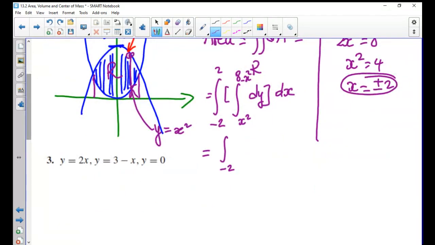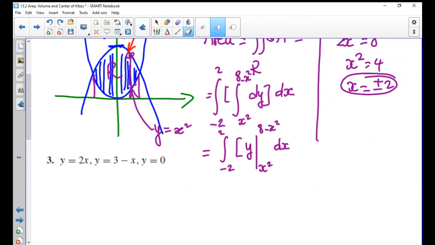Now, that means from minus 2 to 2, what is the integral of dy? Y, yes? That's it. Y from x squared to 8 minus x squared dx. Okay. After that, you can chill a bit and calculate this.